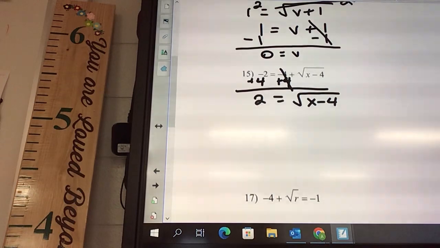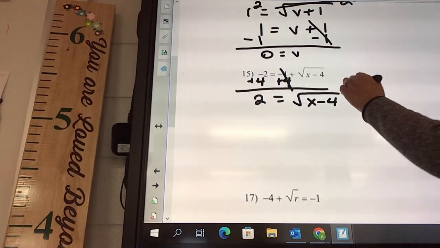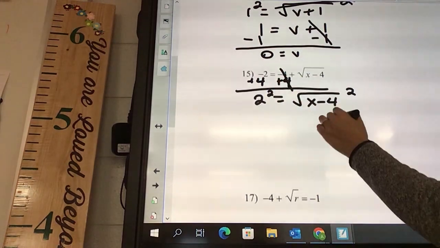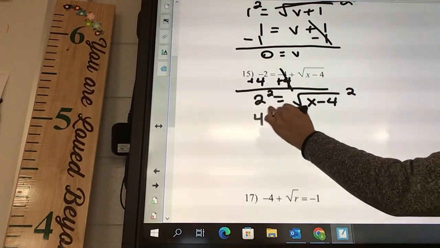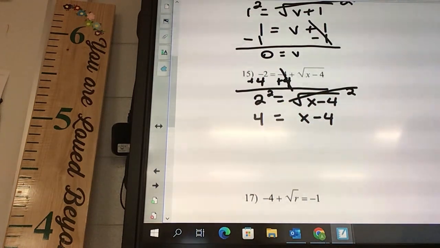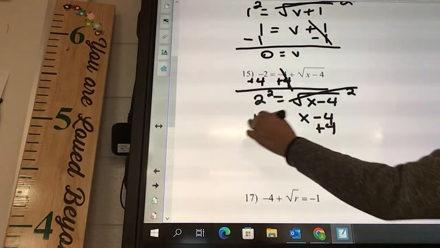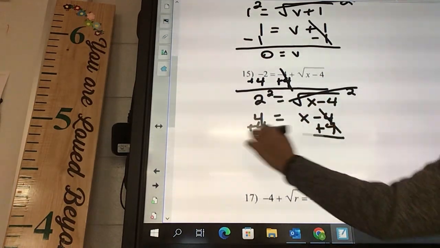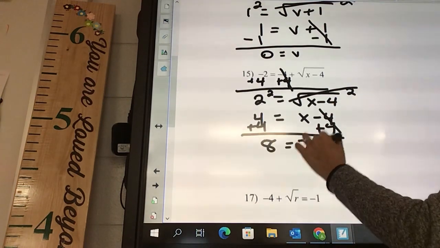Now what? Square both sides. So we're going to get 4 equals x minus 4. Then what? Add 4 to both sides. 8 equals x. Good.